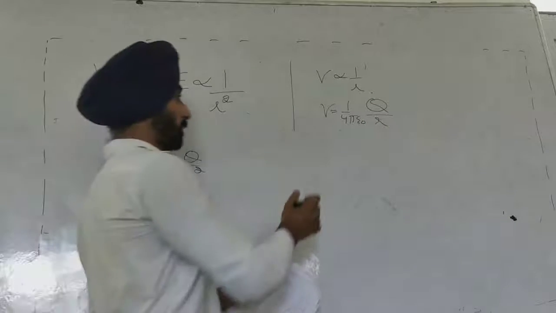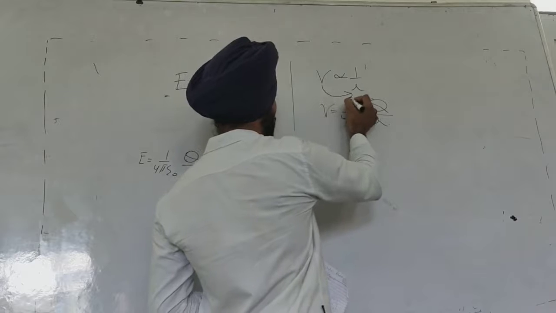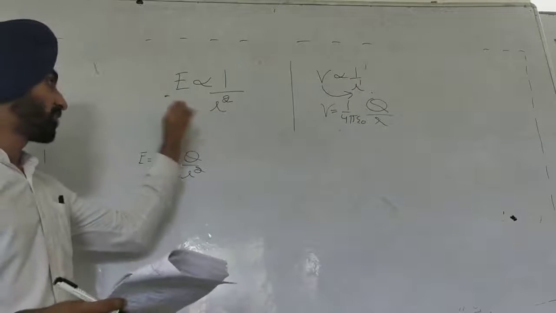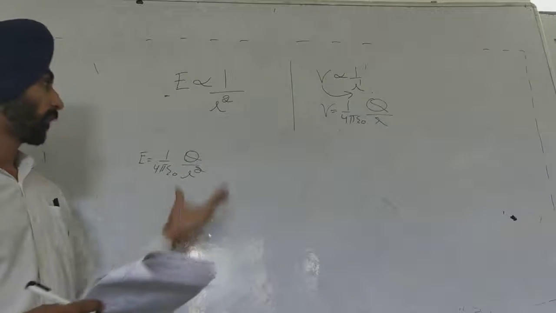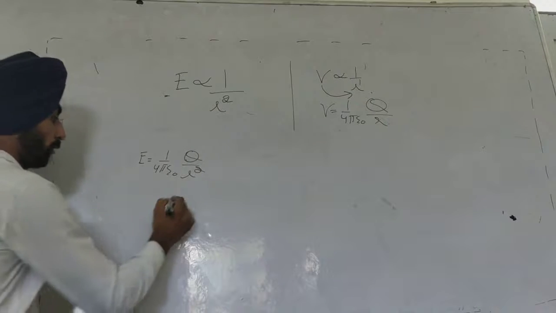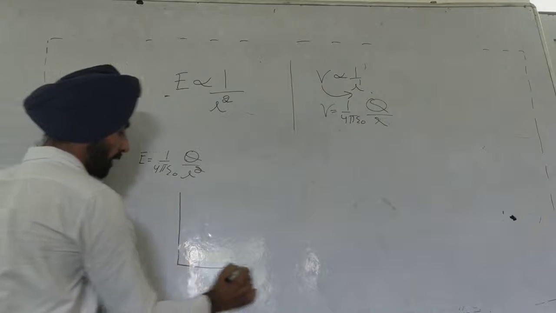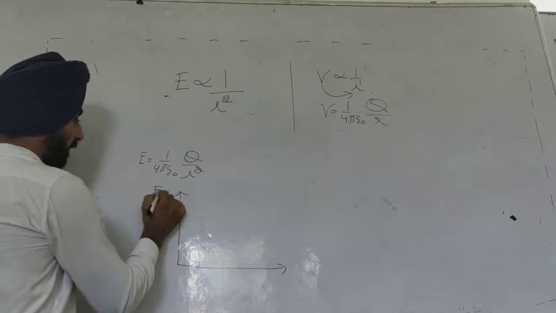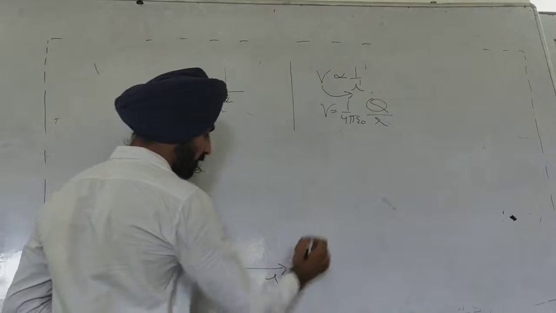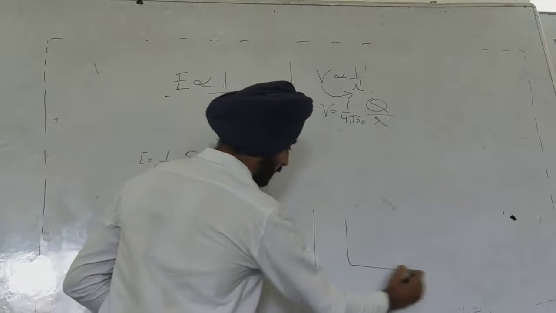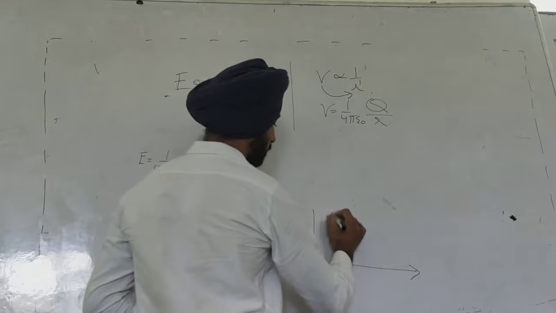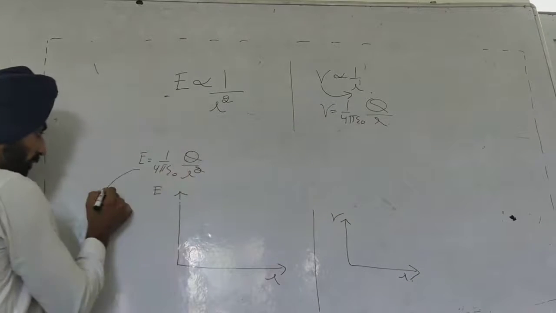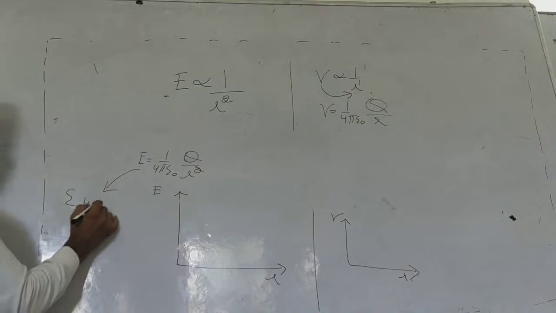So potential is inversely proportional to the single power of r, but electric field depends on r as a square. If we draw a graph, first we will take E with respect to distance, and in another case we take V with respect to distance. So E will decrease at a fast rate.